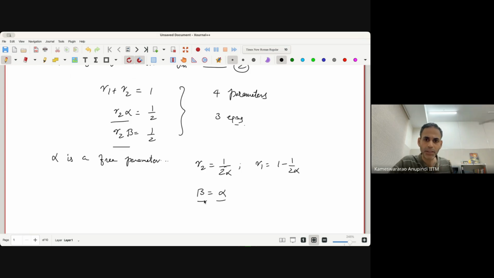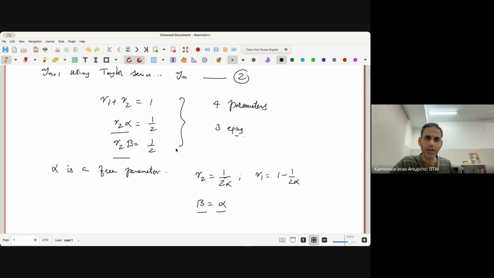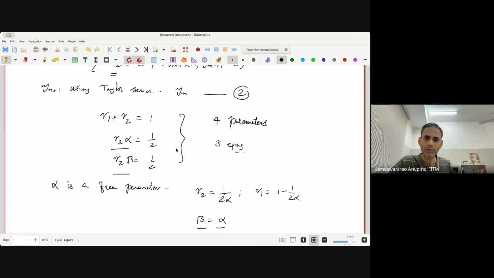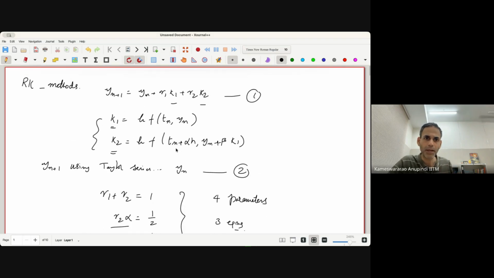So these are the values we obtain for gamma 1, gamma 2, and beta in terms of alpha. Now that we have obtained these, we can substitute them into this equation.